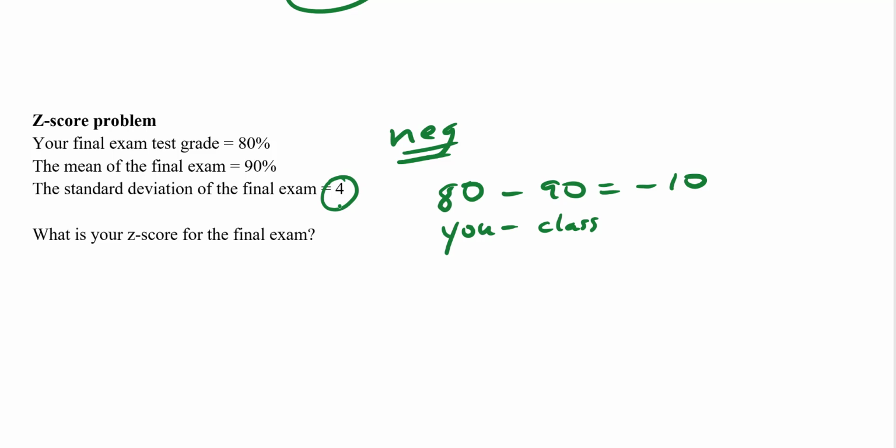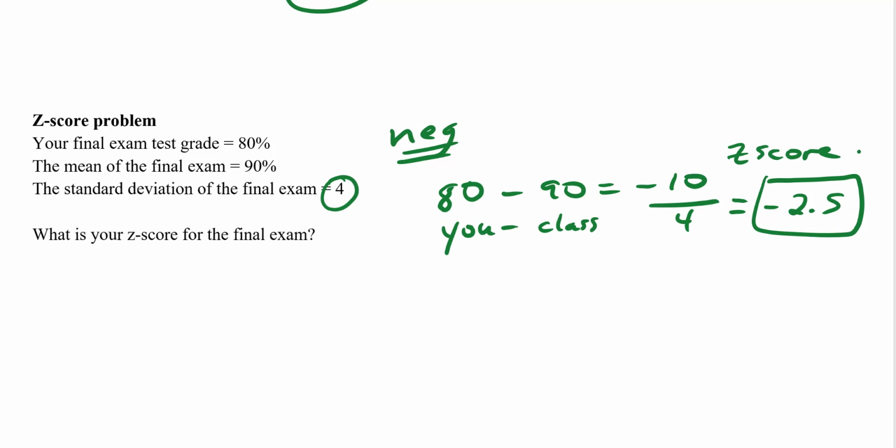And every standard deviation is 4%, so I'm going to divide this by 4, and so my Z-score is negative 2.5. So you're 2.5 standard deviations below the average of this test. Okay, because if you multiply 4 times 2.5, you get 10, and 10 plus 80 is 90. So this is your Z-score.